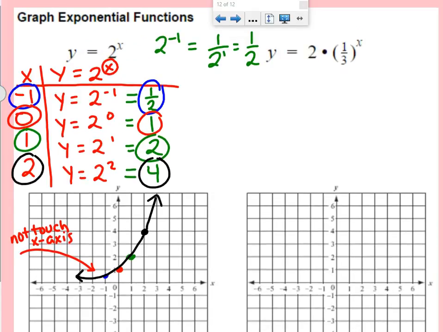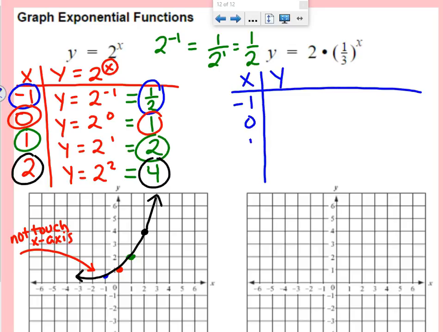Second equation to graph, we have y equals 2 times 1/3 to the power of x. Again, we want to make a table, x, y. Use -1, 0, 1, and 2. Set up our equations. Y equals 2 times 1/3 to the power of -1.